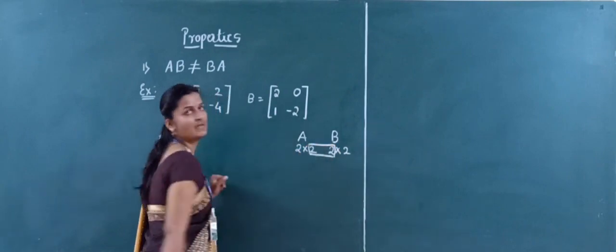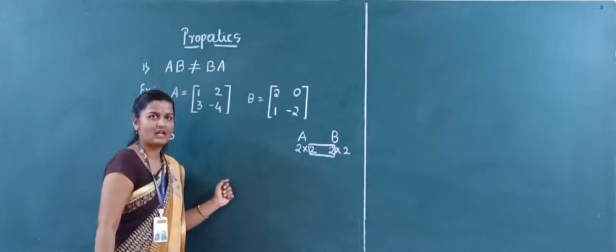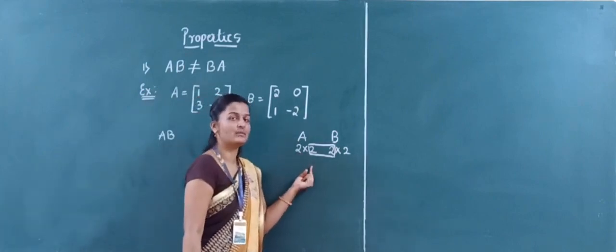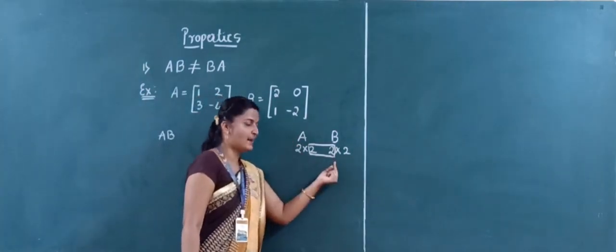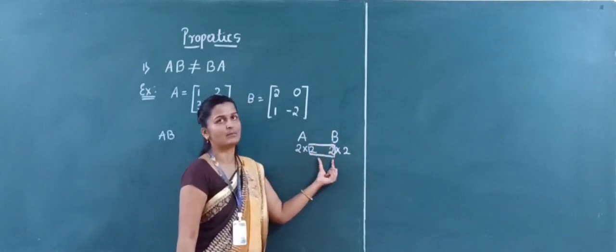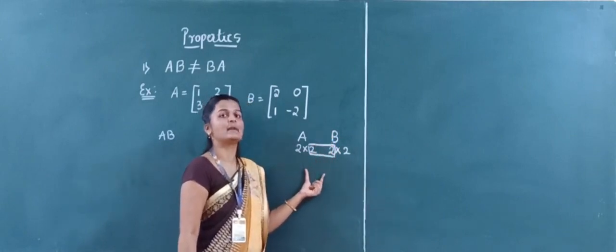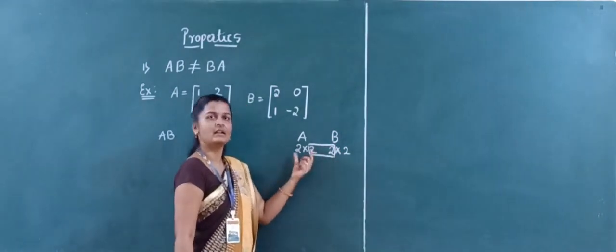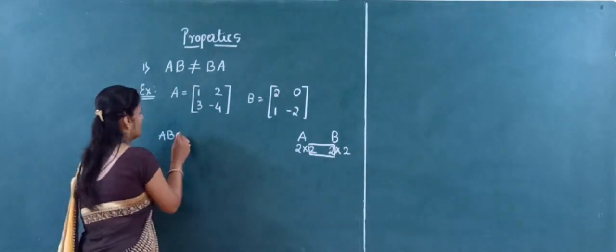So we can multiply AB. Are you remembering? Yes. If the number of columns in the first matrix and the number of rows in the second matrix are the same, then only we can multiply and AB exists. So according to that condition, our AB exists. We can multiply A with B.